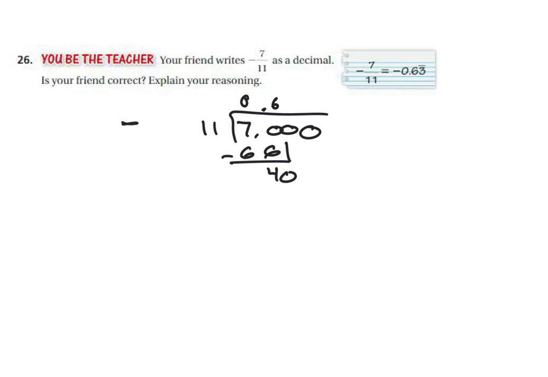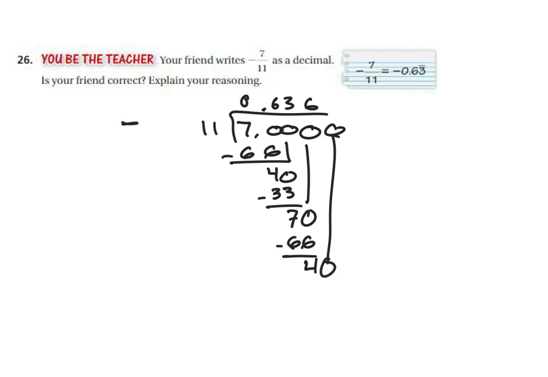11 goes into 40 3 times. 3 times 11 is 33. 11 goes into 70 6 times, and 6 times 11 is 66. So we annex and bring down another 0. 11 goes into 40 3 times, and so we have our repeating pattern now.